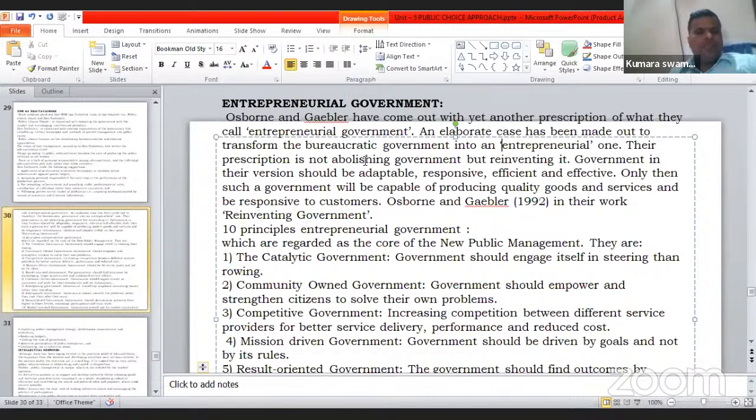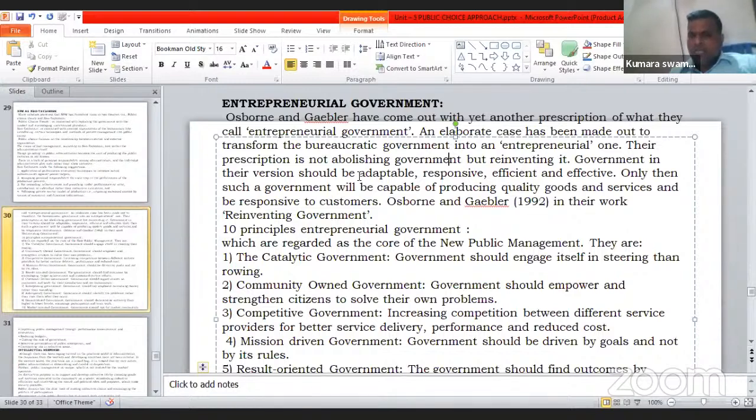Their prescription is not to abolish the government, but to reinvent, change and modify it. The functions of the bureaucrats have to change. Government in their version should be adaptive, responsive, and work efficiently and effectively. This is the entrepreneurial government concept.